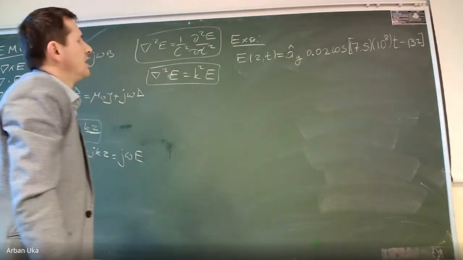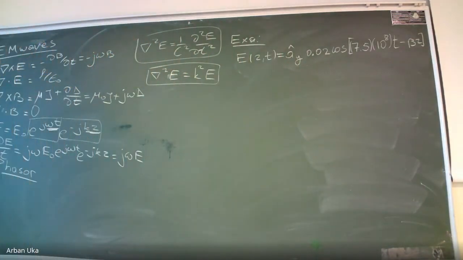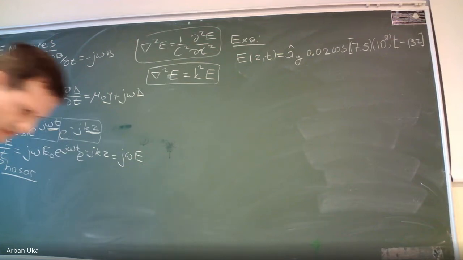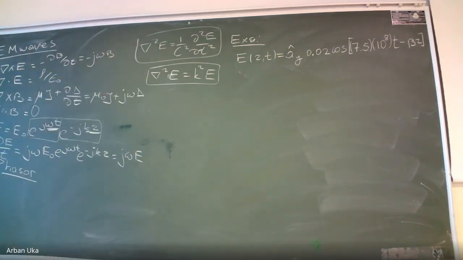Okay, so here we are given a single wave, or let's say this is the electric field representative of a wave which is composed of two associated fields, electric and magnetic.